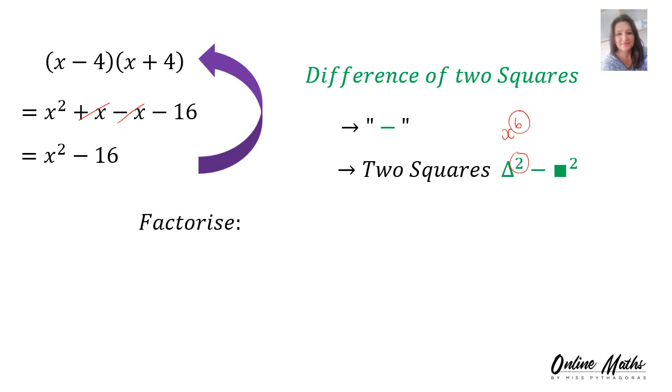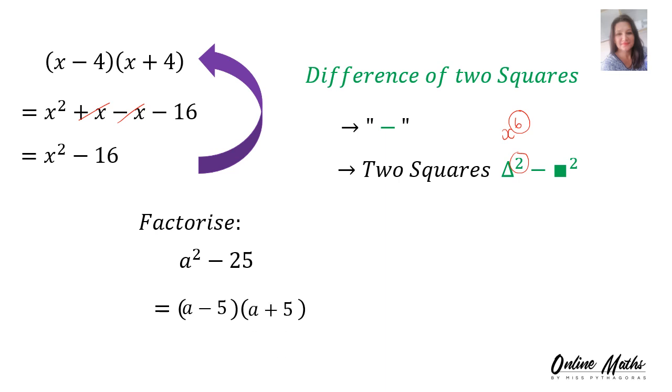Now, how to go about factorizing the difference of two squares is, first of all, you check whether it's indeed the difference of two squares. So there's a minus, yes, check. And then a squared, perfect square, 25, perfect square. So now you can do the difference of two squares. And what you do is you make two brackets and you write a minus 5, a plus 5.